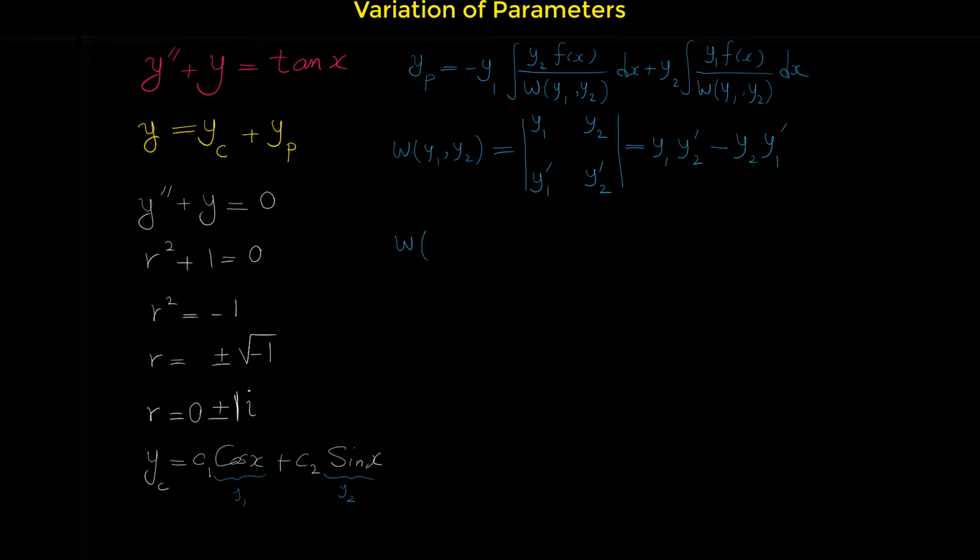Here we want to find the Wronskian of these two functions, cosine of x and sine of x. Put these two functions in the first row and the derivatives of them in the second row. The derivative of cosine is negative sine and the derivative of sine is cosine.